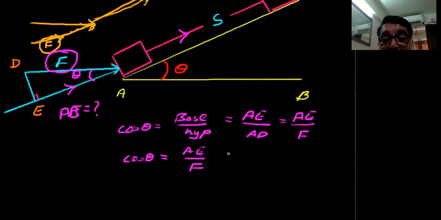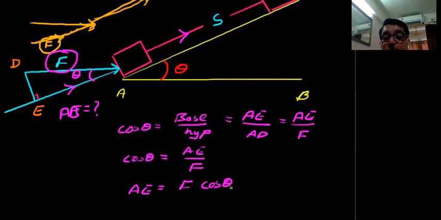So from this we can say AE equals F cos theta. So we have the inclined component of force, which is F cos theta.